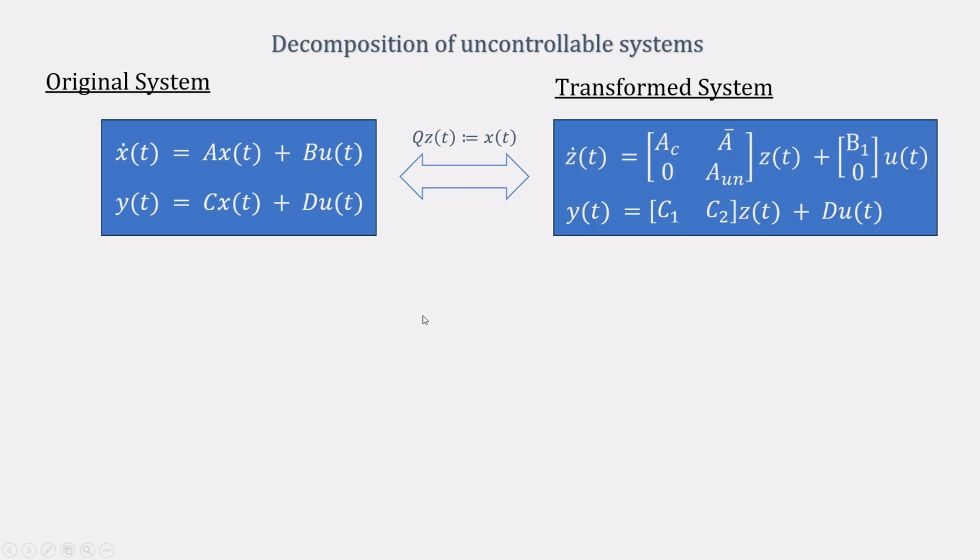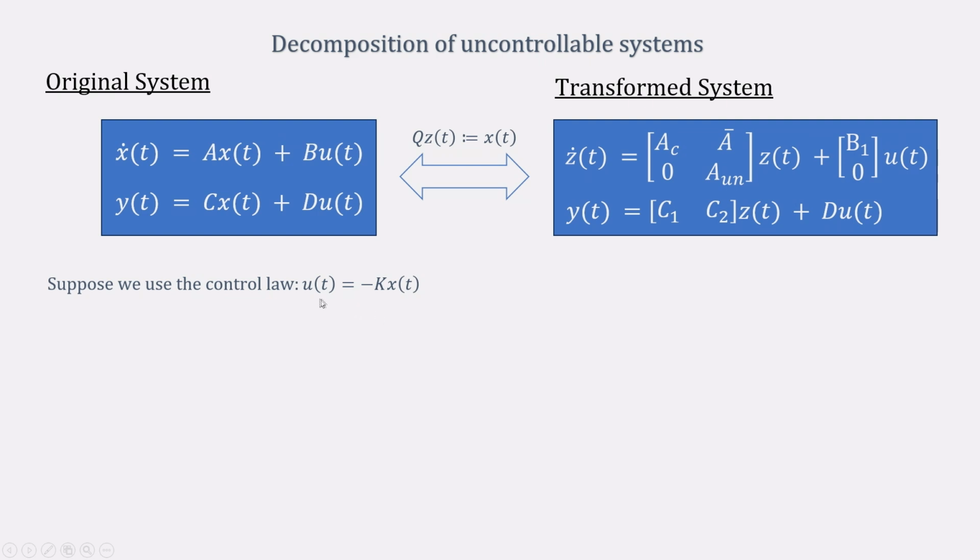So, now we will see what happens if I introduce a control law of the form u equal to minus kx, because we know that for the controllable case, when we used u equal to minus kx, we were able to change the eigenvalues of the system so that we could get the desired response, right.